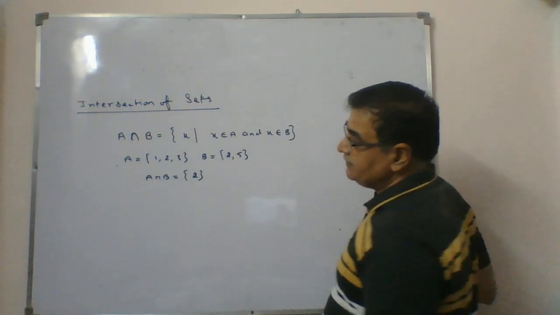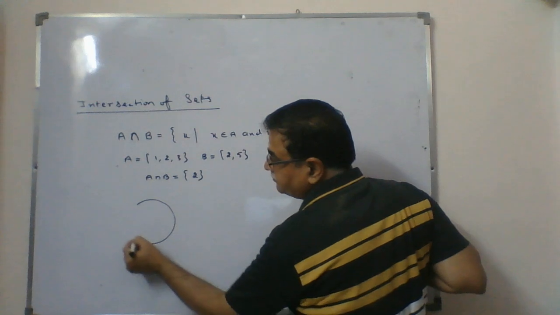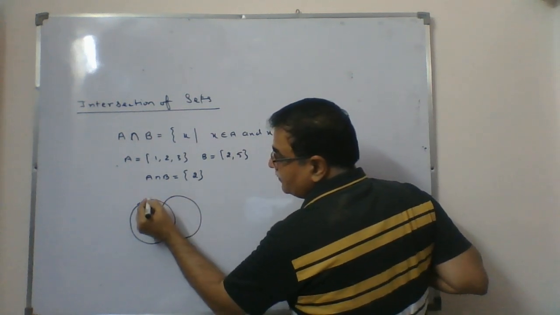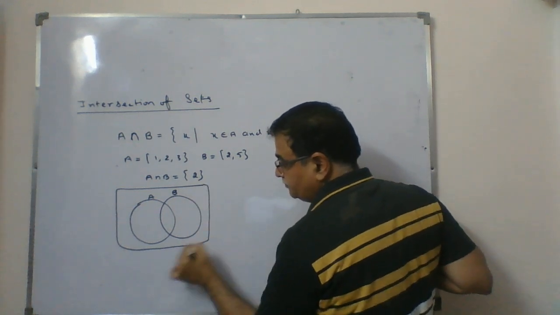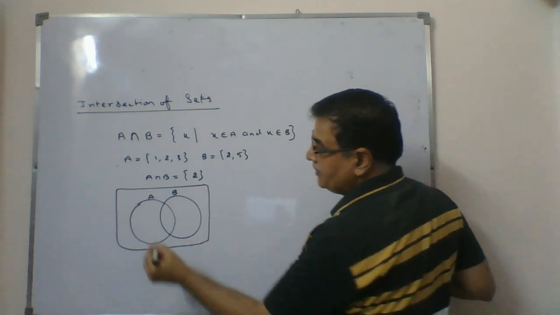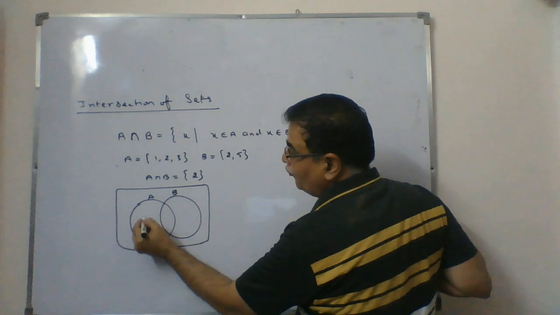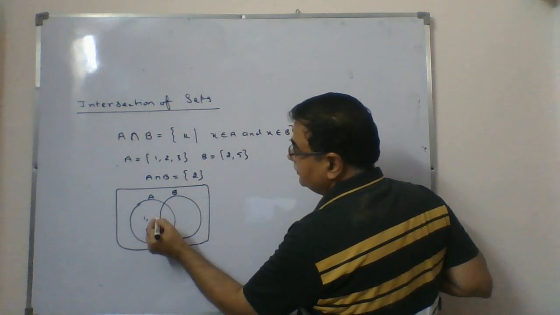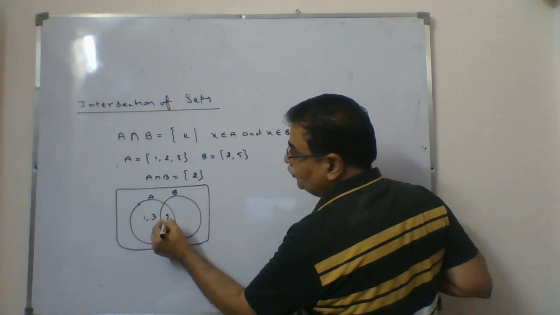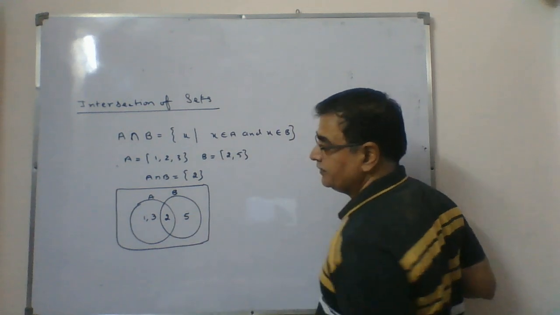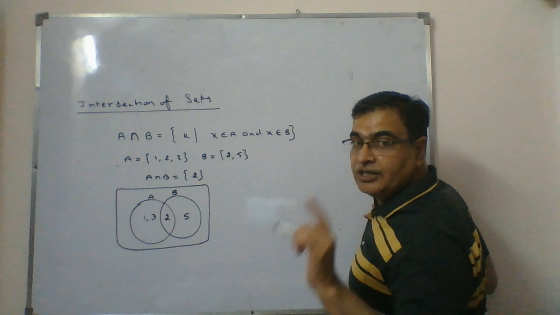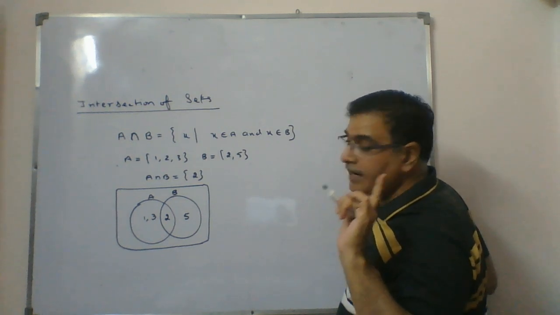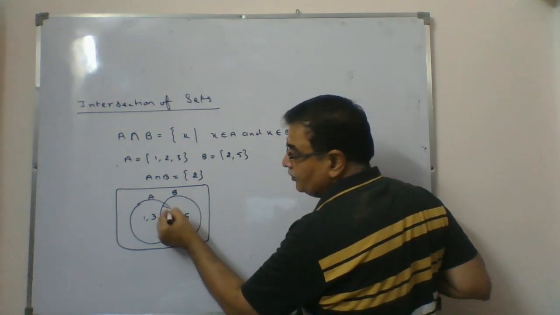So here if I say you make the Venn diagram, this is A, this is B. If I take the elements, 1 will be here, 3 here, 2 is here and 5 is here. And if I say A intersection B, I need the common among A and B, and that common is only this much.